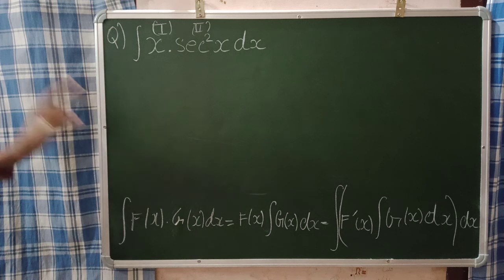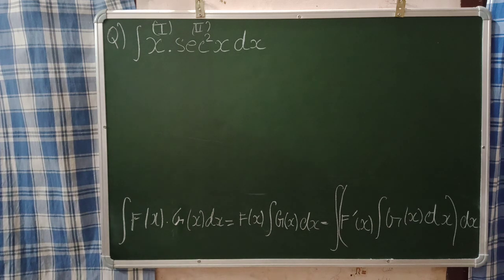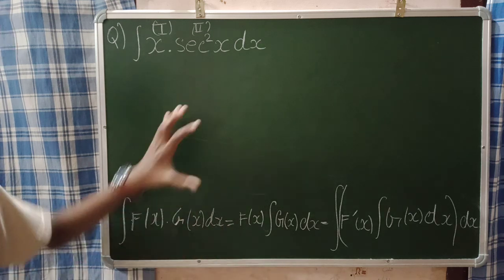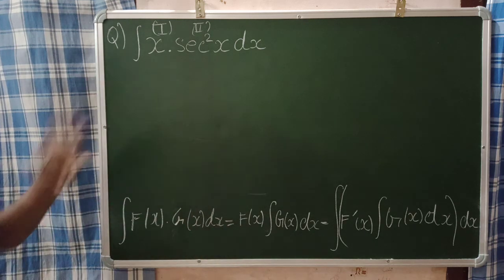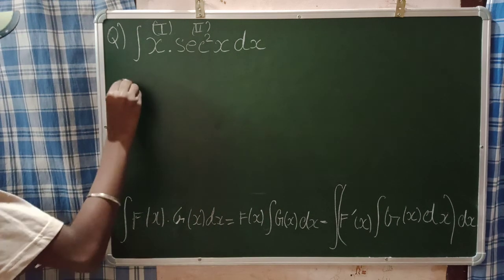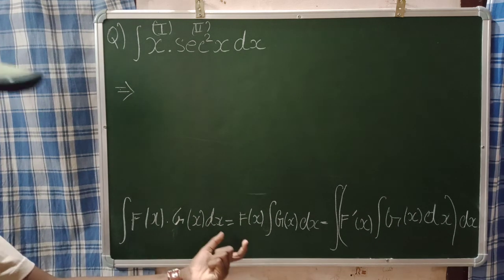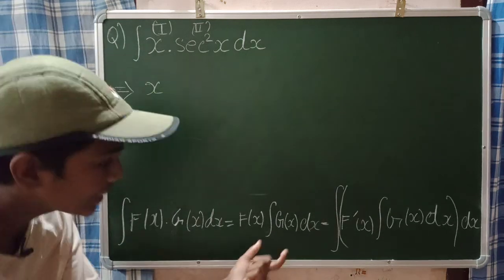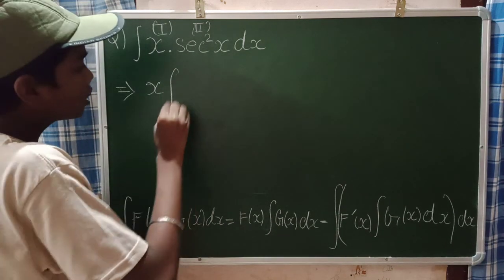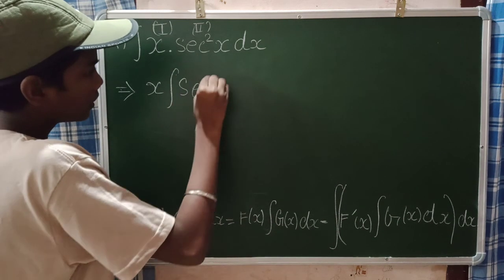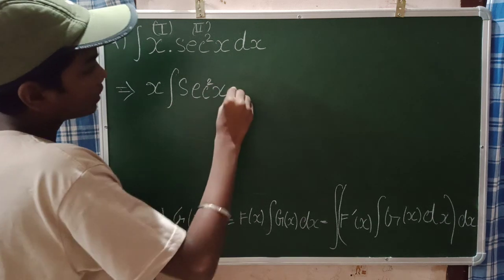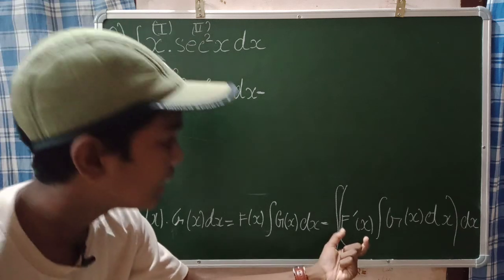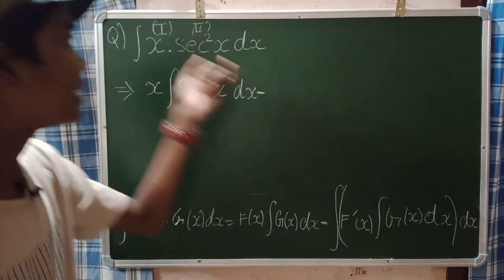Now as we know, x is your first function and secant square x is your second function. So using the by parts rule, listen carefully guys, this can be converted as f of x, which is your first function, nothing but x, into the integral of your second function, which is the integral of secant square x dx, then minus the derivative of your first function, which is the derivative of x.